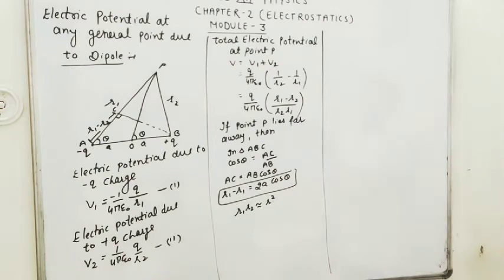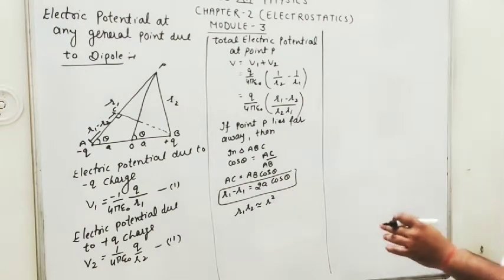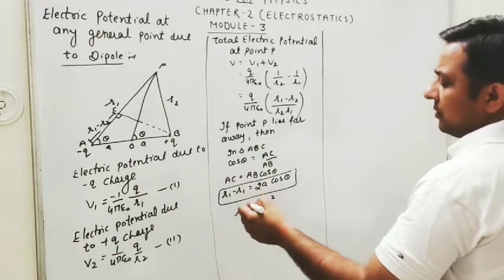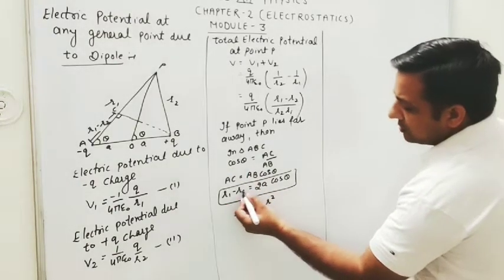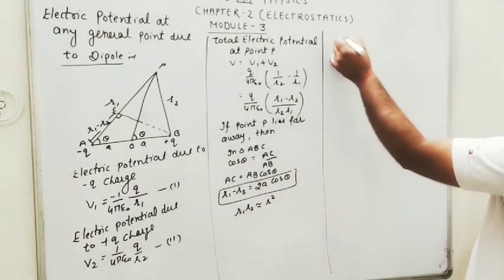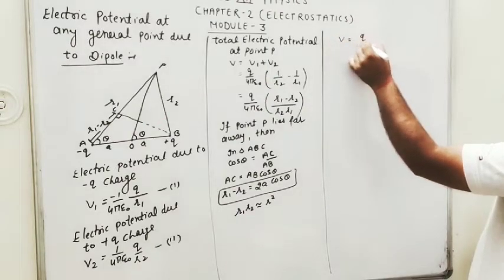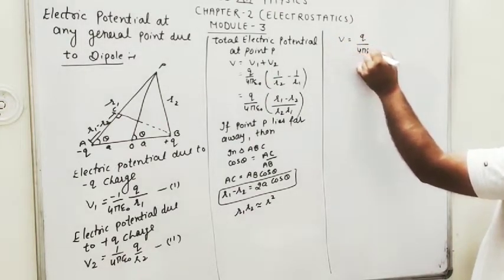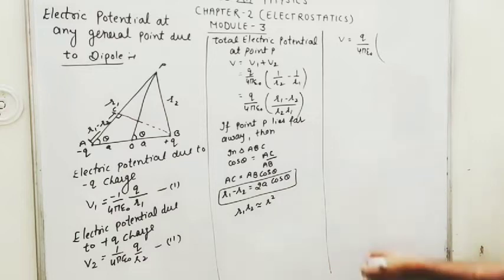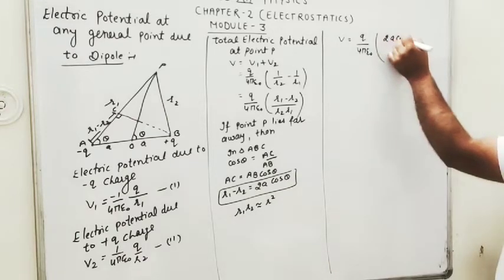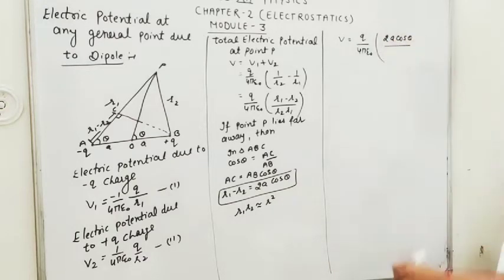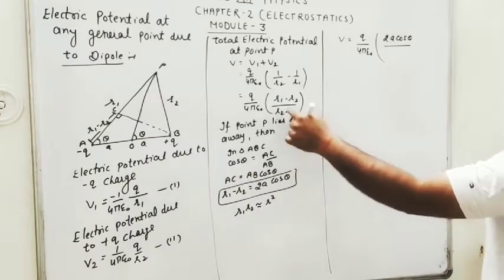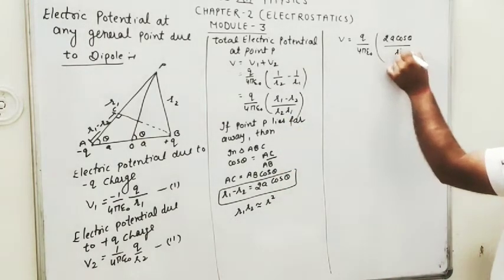Now, putting the value, what will be the result? V is equal to Q by 4 pi epsilon naught, R1 minus R2, that is 2a cos theta, upon R1 R2, that is almost equal to R square.